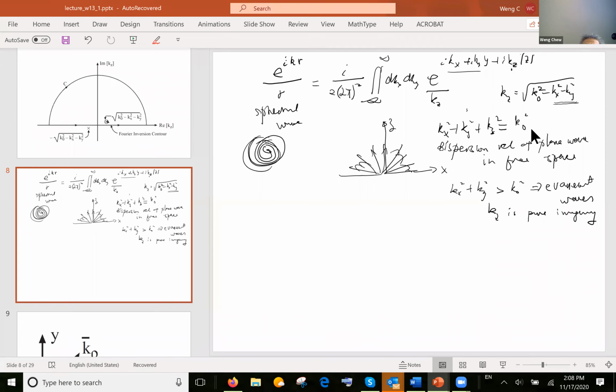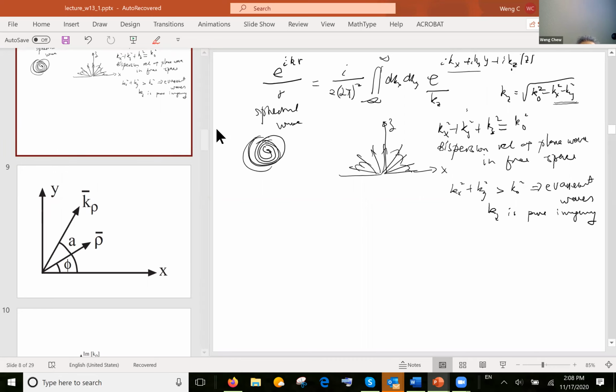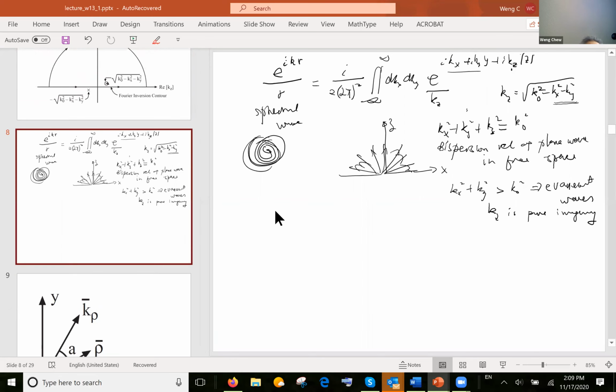There's another beautiful thing that you can do, which is to rewrite this integration in cylindrical coordinates. You can use a cylindrical coordinate transformation. Instead of integrating in Cartesian coordinates, you can integrate in cylindrical coordinates. I will not go through the detail, but it's written up in the textbook or in the lecture notes.